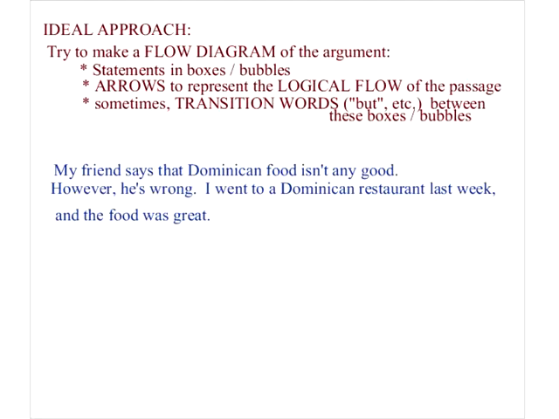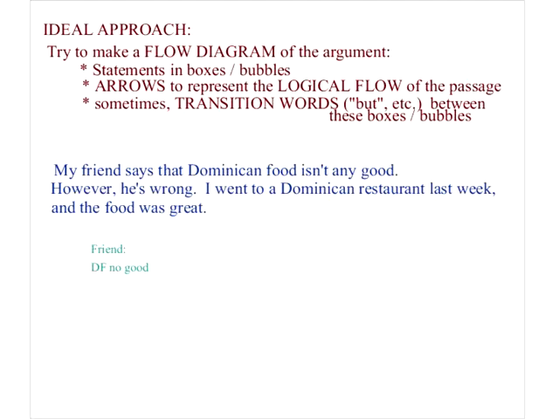So what you do here is, if you were diagramming this sort of passage, and if you can do this mentally, then that's great, although if the passage is long and convoluted, you may want to try to do it on paper. So here's the three statements. One statement is, friend, Dominican food is no good.